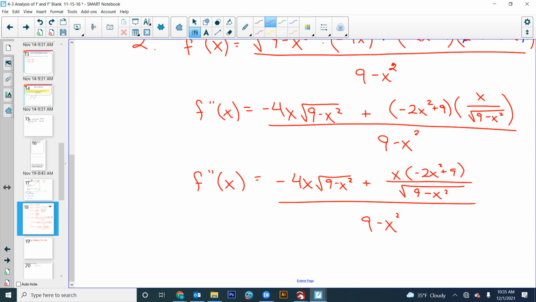Are you still with me? Good talk. All right. We have common denominators. Let's make it square root of 9 minus x squared. We have to multiply this times the same thing.